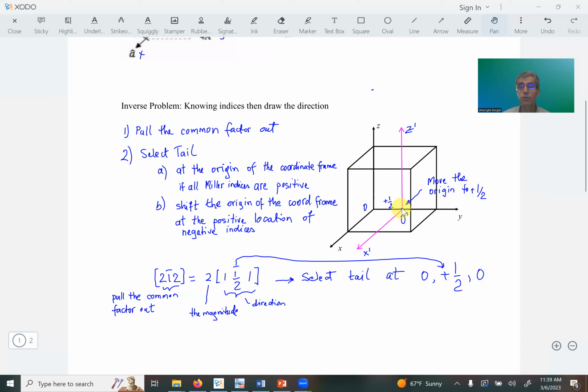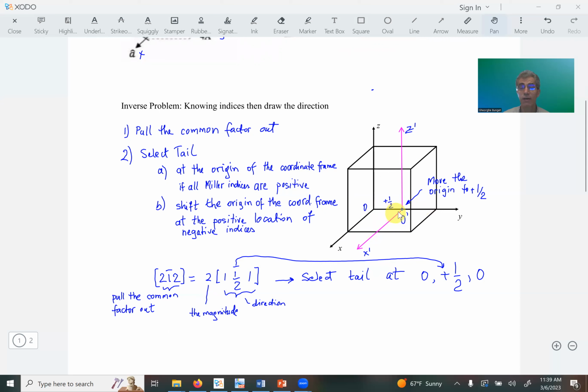And now to find the head from this new origin, we follow these coordinates. I'm in this origin, so we move along the x-axis with the 1. So I will be here, and then along the y-axis, I move negative 1/2, which means I will end up here.